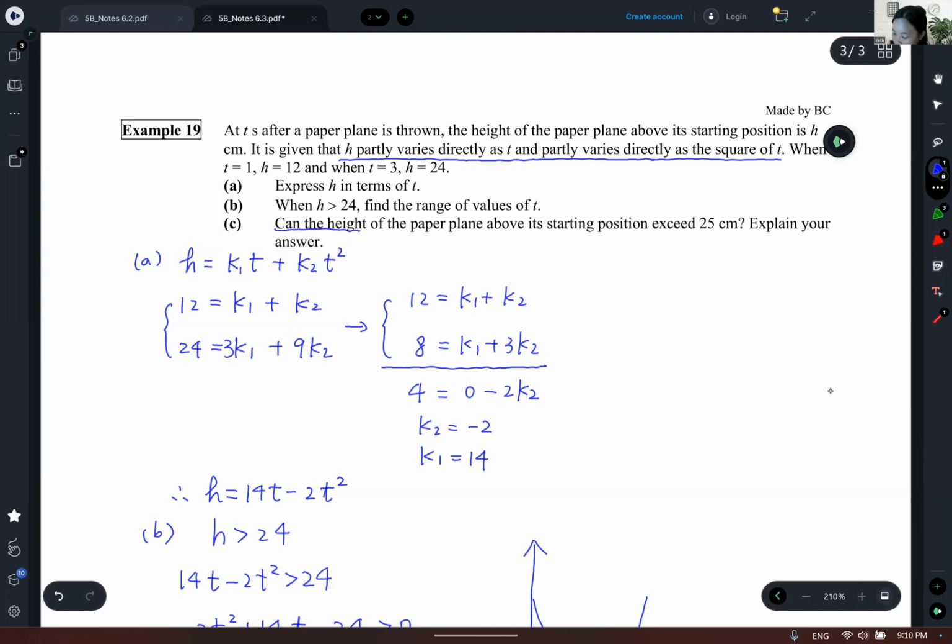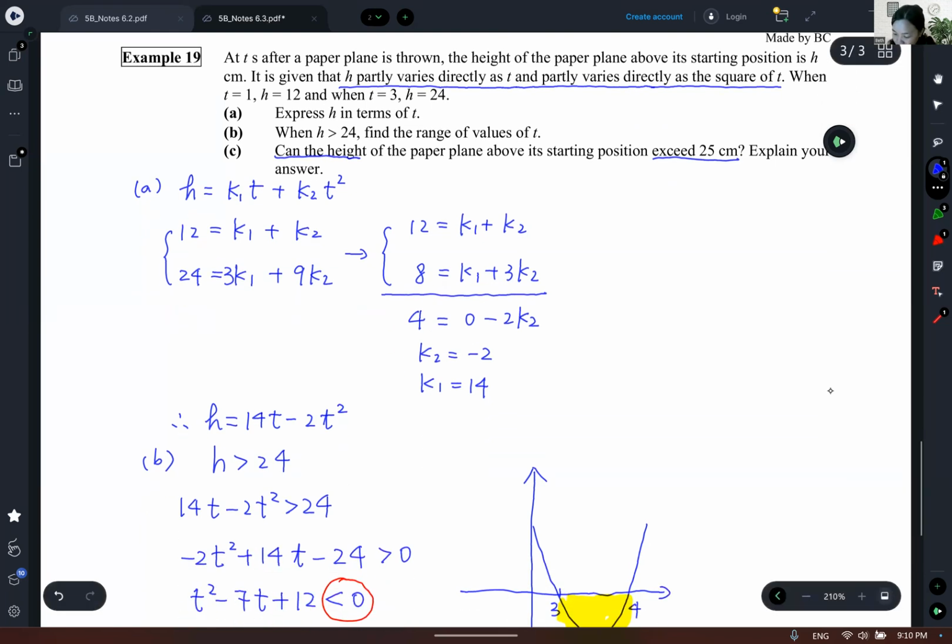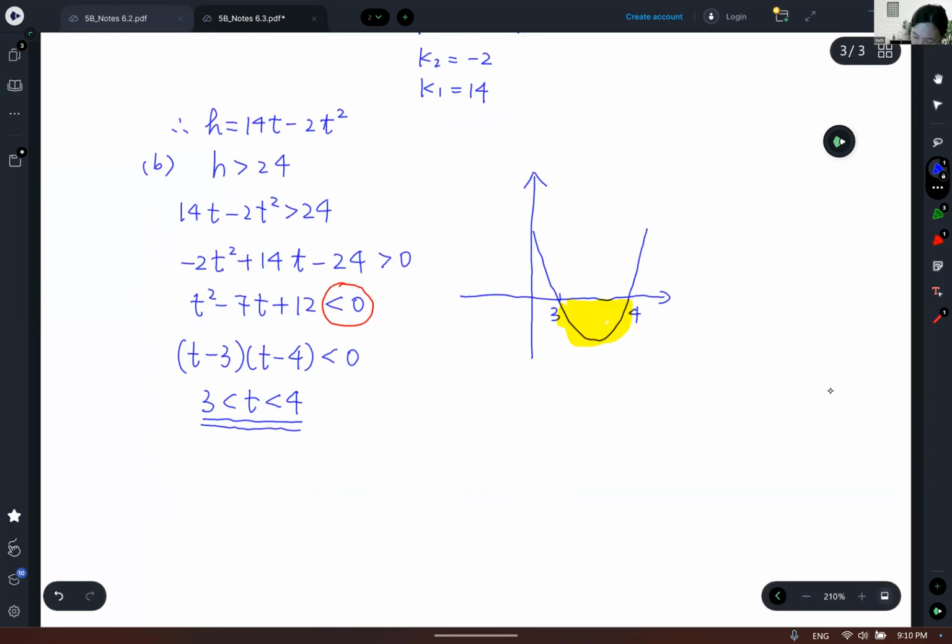Can the height exceed 25 cm? It looks like it's suggesting h as the height. H is bigger than 25 cm. So the question is, can h exceed 25 cm?